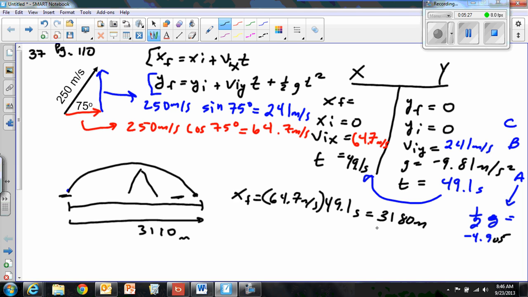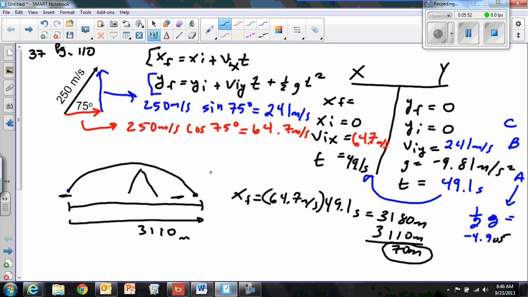This is how far the projectile goes, so we just subtract 3110 minus this, and we get 70 meters. Now in the book they got 80, and I don't think I agree with them. I think they use some kind of different weird formula, but doing it the way we do it, we got 70. So they went 70 meters too far to hit the ship.